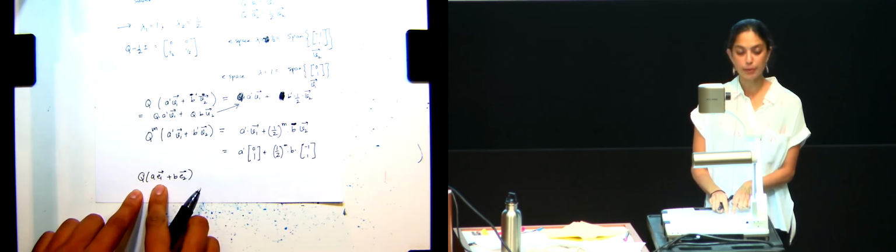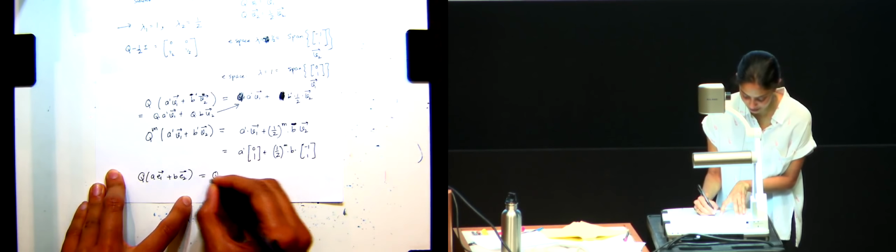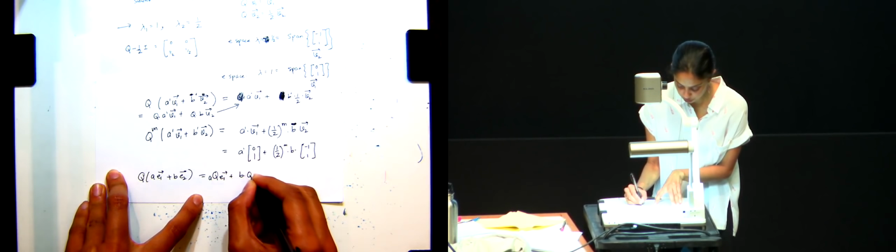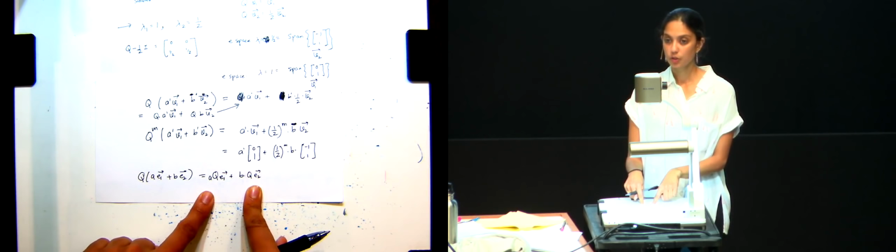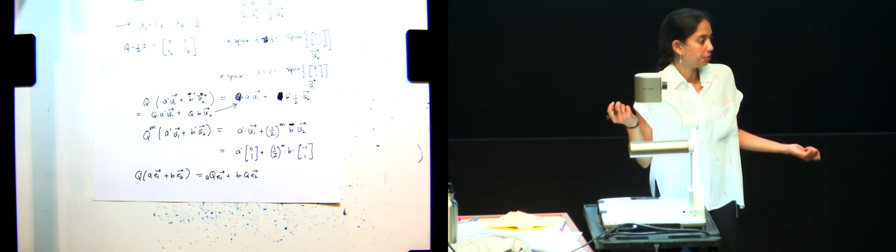But do I know any special property about Q times E1? When I write this out, here I actually have to keep the Q on the other side. I just have to write A times Q times E1 plus B times Q times E2. Right? I can't do anything. I'm like, okay, I need to do some more algebra.